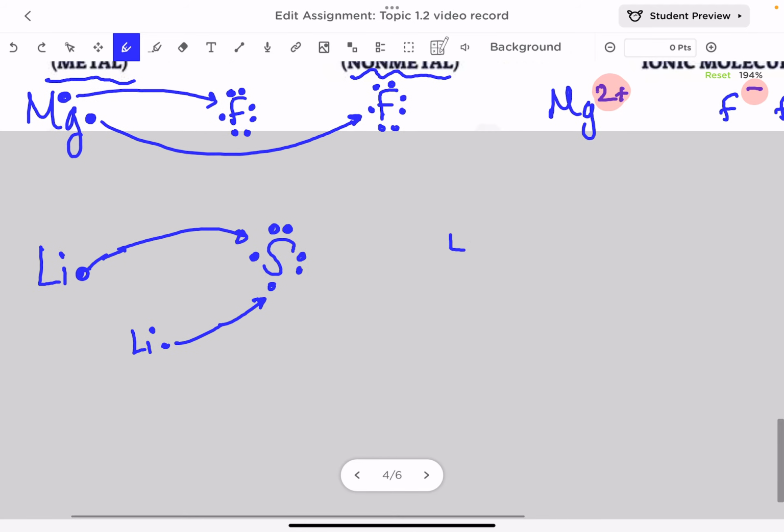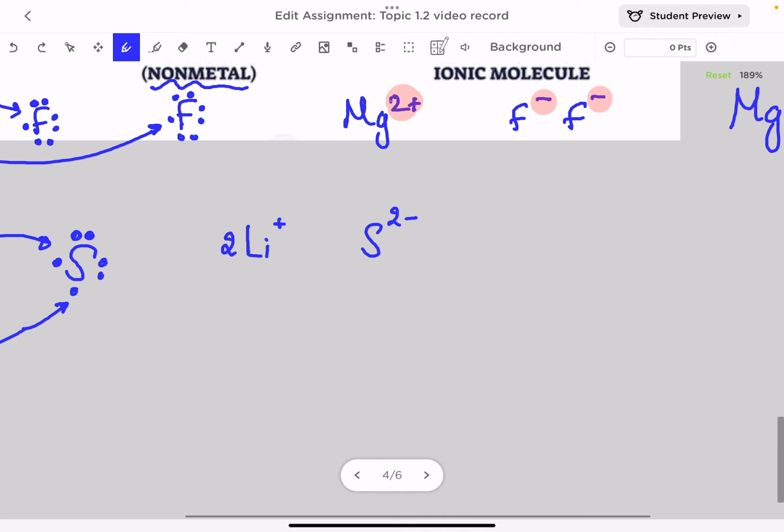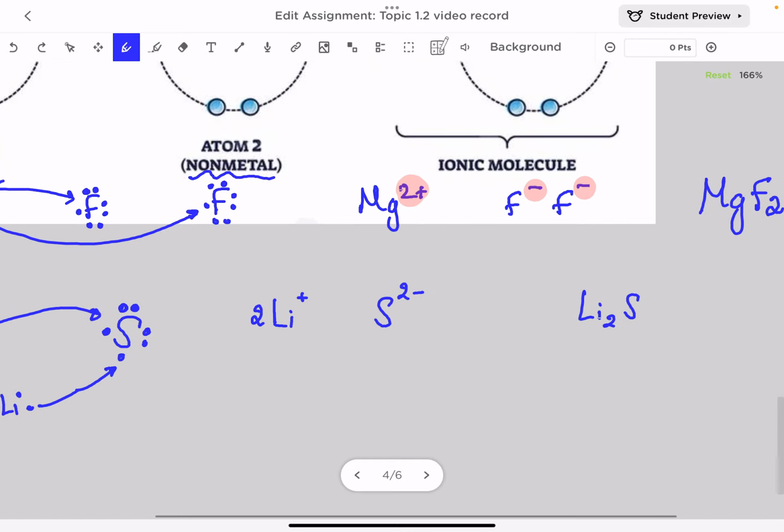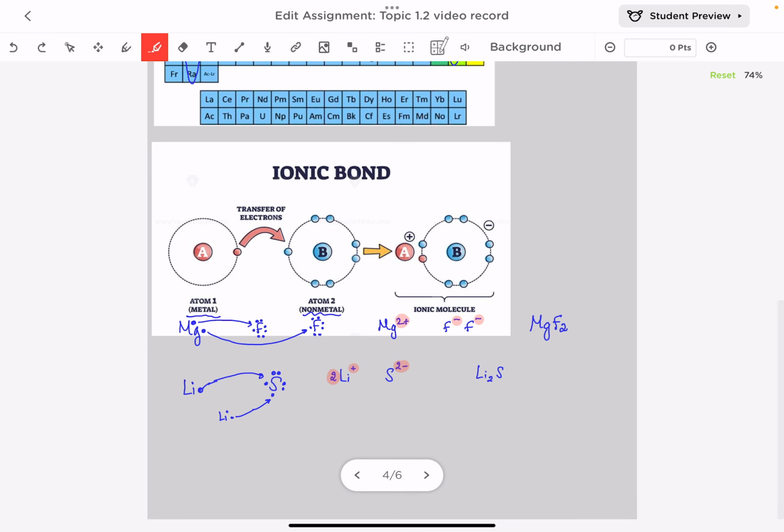Like this, we are going to have 2 lithium ions with 1 sulfur anion. They are oppositely charged ions. They are going to attract each other and form lithium sulfide. Now the overall charge of this ionic compound becomes 0 because we have 2 positives with 2 negatives.